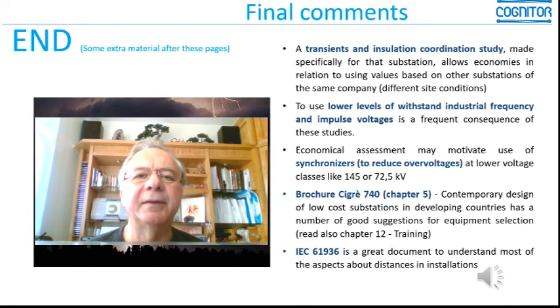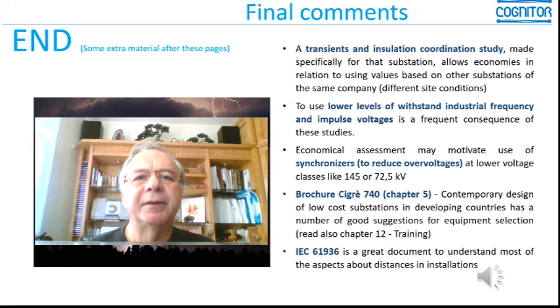But if you do a serious economical assessment, in many cases the benefits generated by the synchronizers can be so high, in terms of avoiding the reduction of the lifetime of the equipment, that even at lower voltage classes like 145 or 72.5 kV, they can be quite acceptable to use.